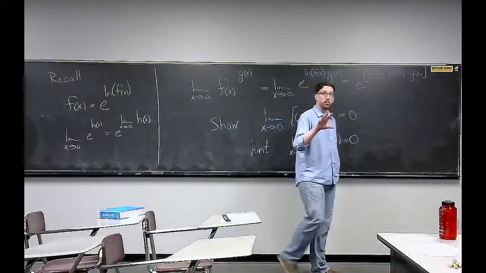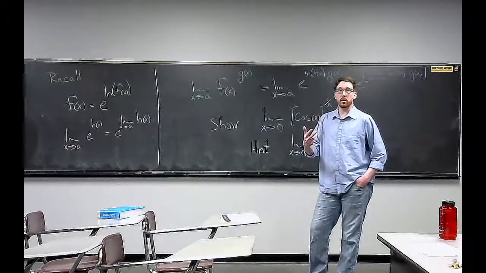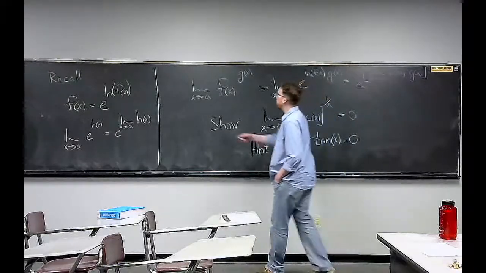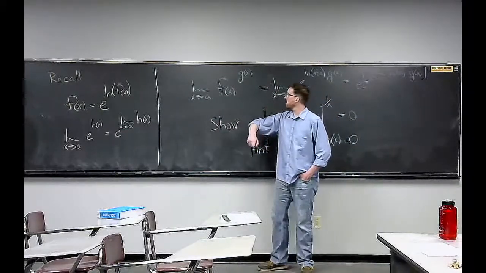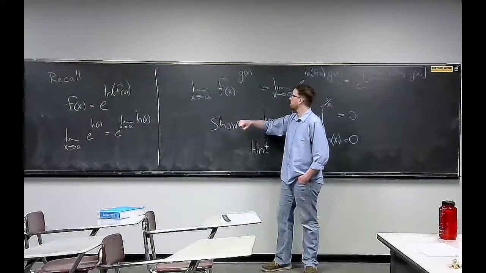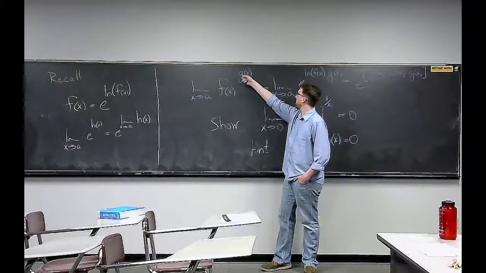And we need those two bits of information to help us solve this question of how to apply L'Hopital's to those exponential cases. We need that because what we're going to do is we're going to apply the limit as x approaches a to f of x raised to the g of x.